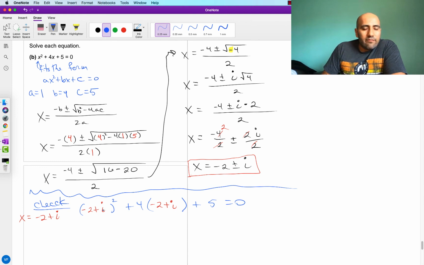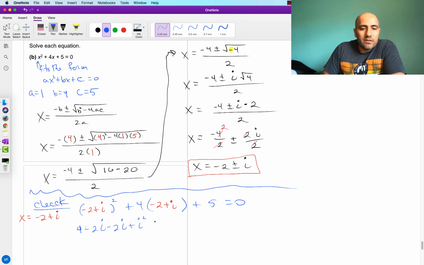Okay, so when I FOIL this, I'll end up with 4 minus 2i minus 2i plus i squared.